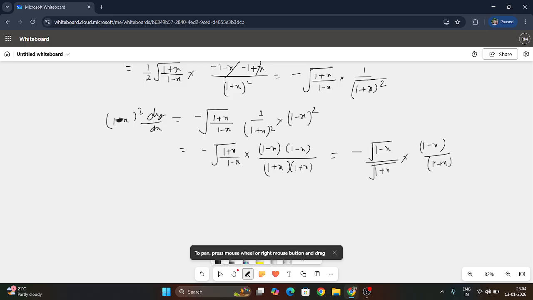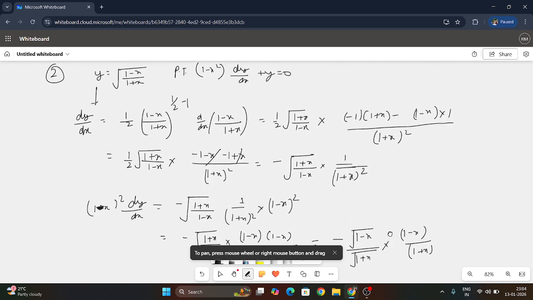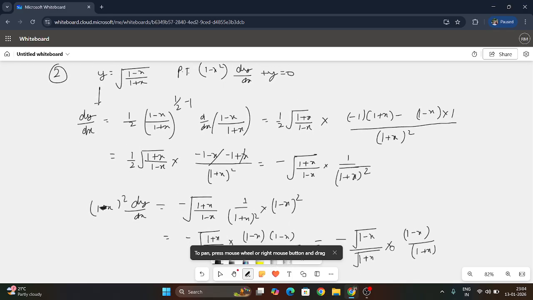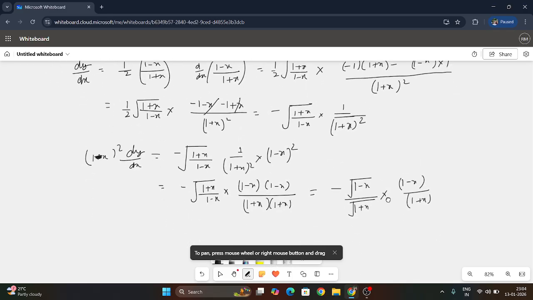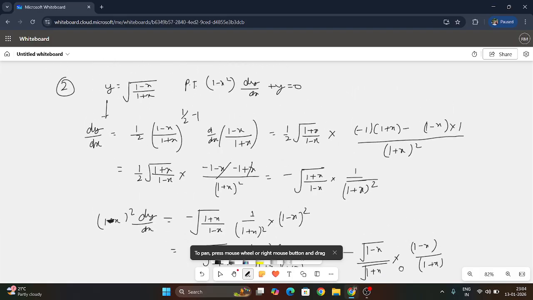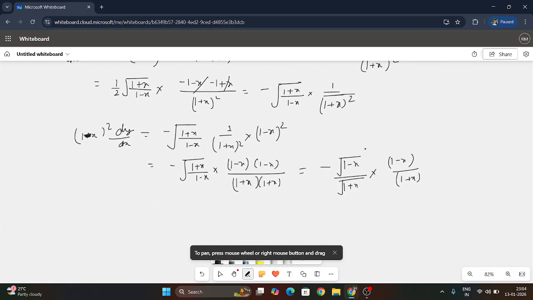Okay, so after this, we simply have to prove that this is equal to y plus y root of (1 minus x). So this 1 plus x, 1 minus x, these two get cancelled, it's 1 minus.